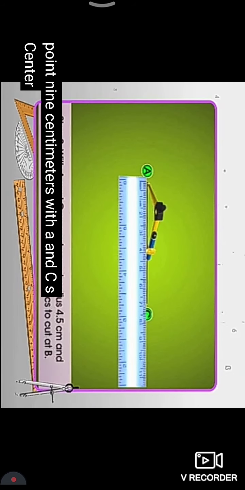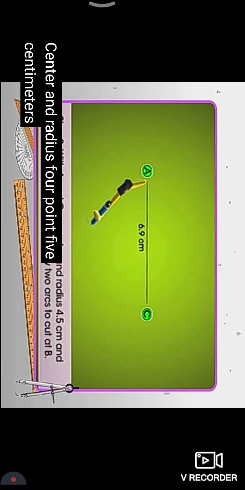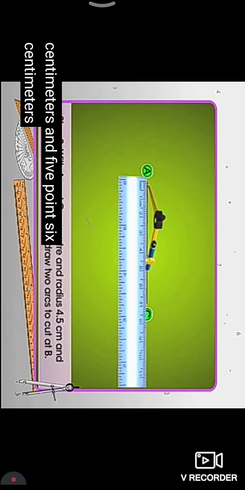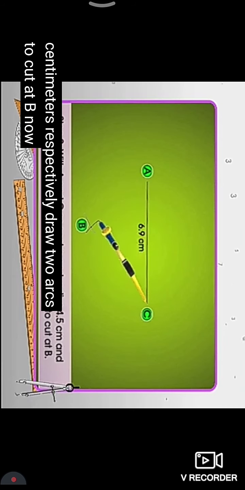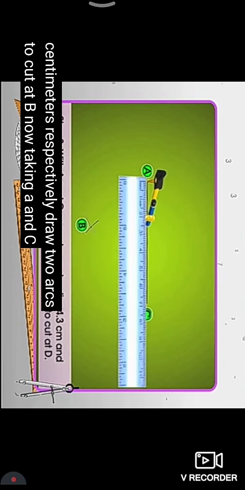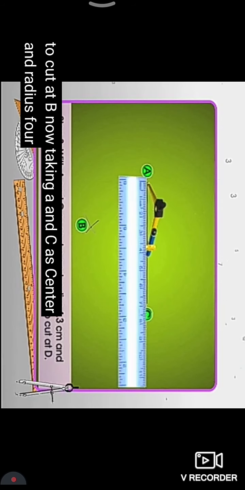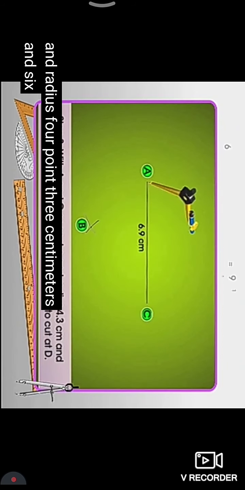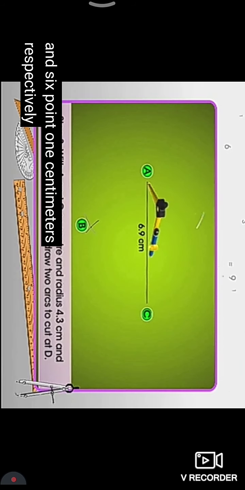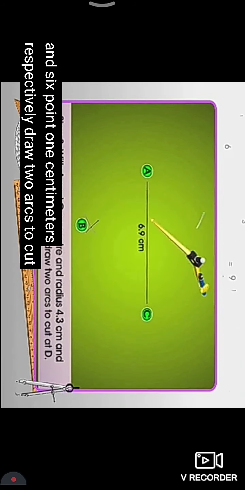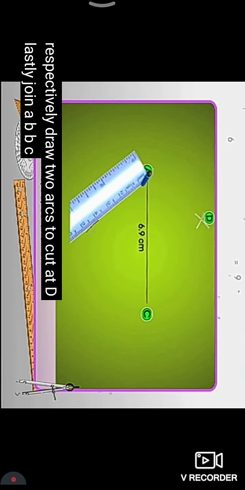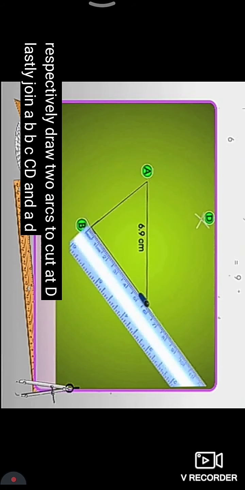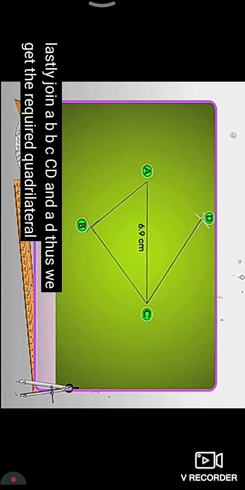With A and C as center and radius 4.5 centimeters and 5.6 centimeters respectively, draw 2 arcs to cut at B. Now, taking A and C as center and radius 4.3 centimeters and 6.1 centimeters respectively, draw 2 arcs to cut at D. Lastly, join AB, BC, CD and AD. Thus we get the required quadrilateral ABCD.